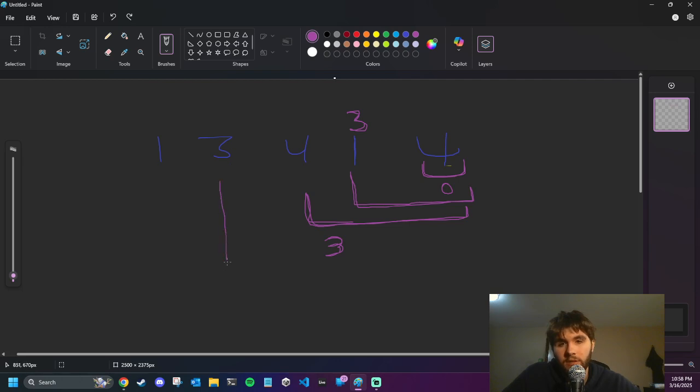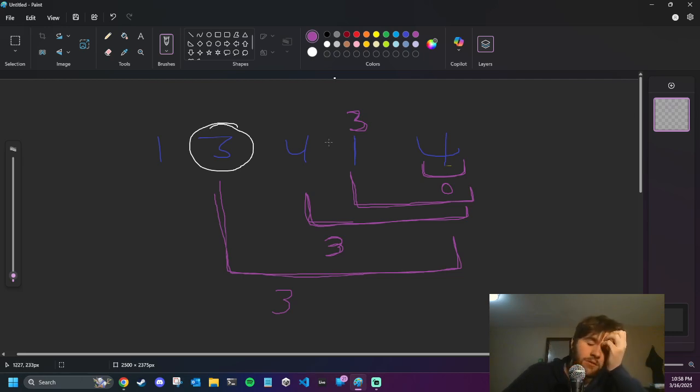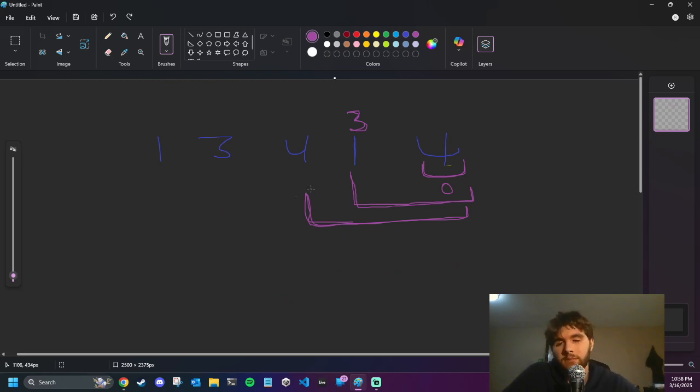So here the maximum value we could get is 1. No, it's 3. And the reason I'm saying that is because this is just bigger. So what we could do is, okay, with this example, when we're here looking at this one, there's really only 2 options.